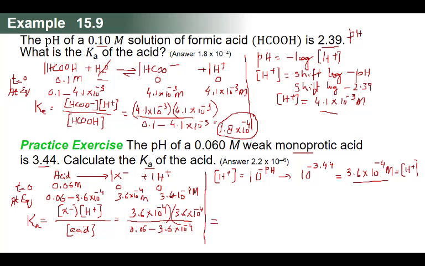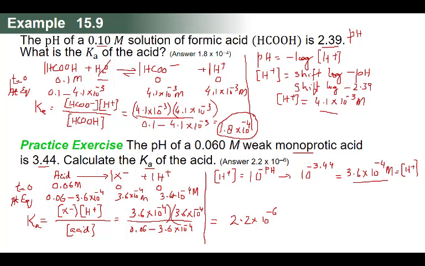So the answer will be 2.2 into 10 raised to the power minus 6. This is the answer. Okay.